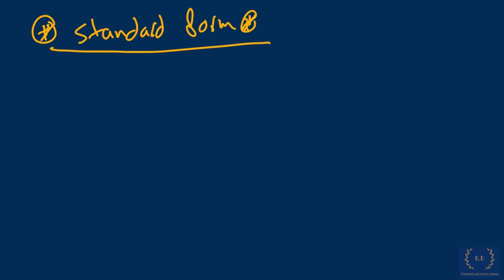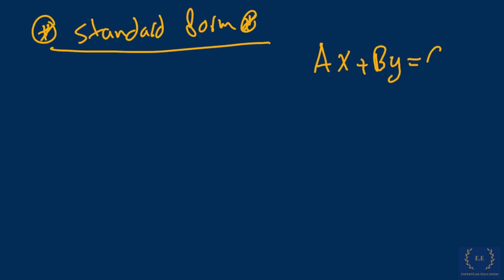So let's write the standard form that we are trying to achieve. Standard form, which looks like this: ax plus by equals to c. Let's say I have the following current equation: 2x equals to 3 minus 6y.